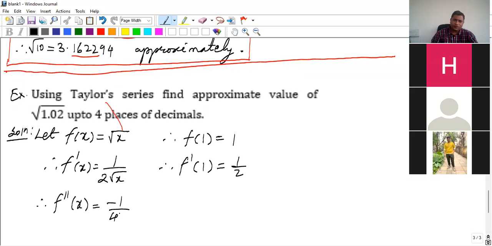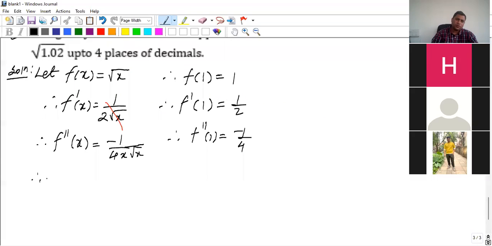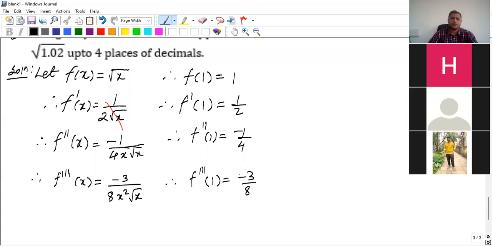So it will be minus 1 by 4 x root of x. And hence we have f double dash at 1 is equal to minus 1 by 4. Now f triple dash at x is equal to minus 3 by 8 x square root of x, and hence f triple dash at 1 is equal to minus 3 by 8.